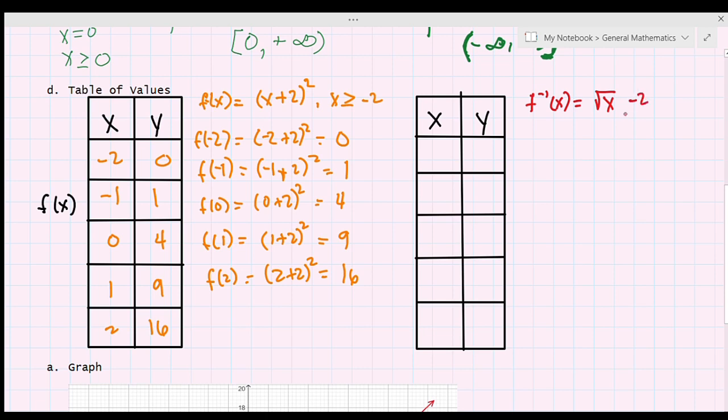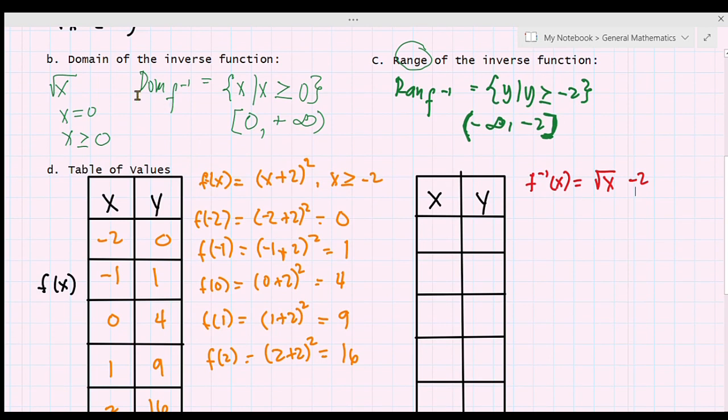Since the domain of the inverse function is x such that x must be greater than or equal to 0, it is restricted to x greater than or equal to 0. Meaning to say, we start at 0 and also 1.